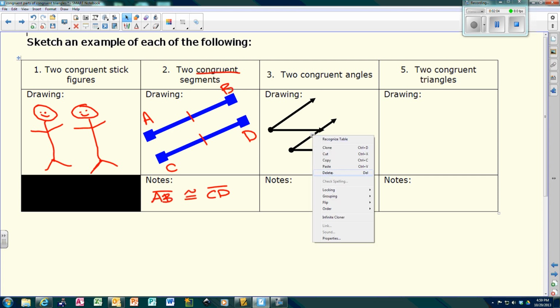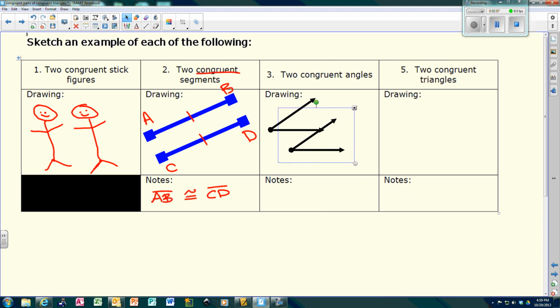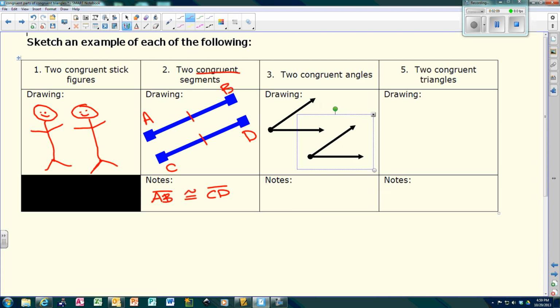And I would need to group those two as well. So now I have two congruent angles. We'll call this angle E, and we'll call this one angle F. So two congruent angles, if they're congruent, make sure you put those congruent marks. Angle E is congruent to angle F.